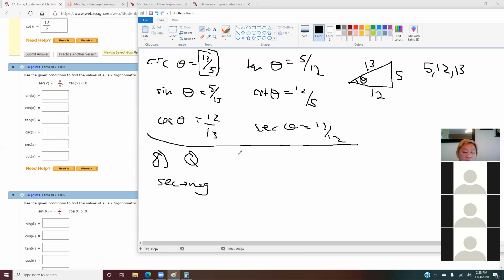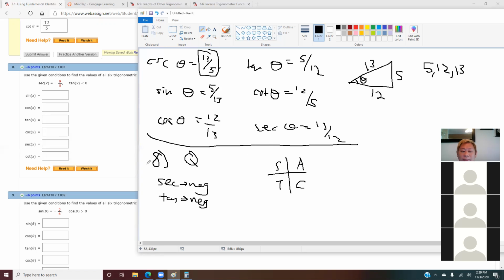So secant is negative, and tangent is also less than 0. Is that positive or negative? Negative. So what quadrant if secant and tangent are both negative? If you give me the wrong quadrant, you get a lot of wrong answers.